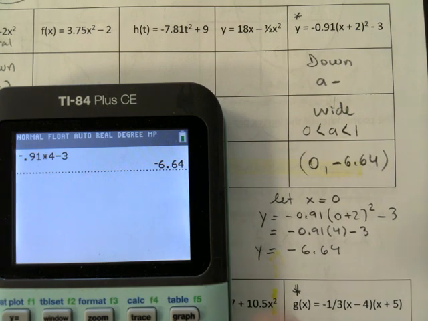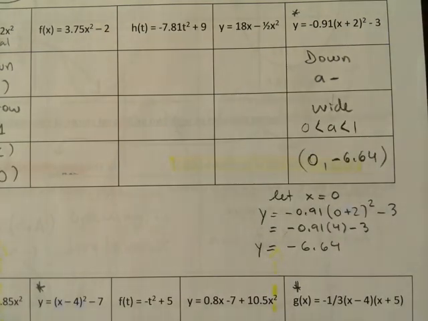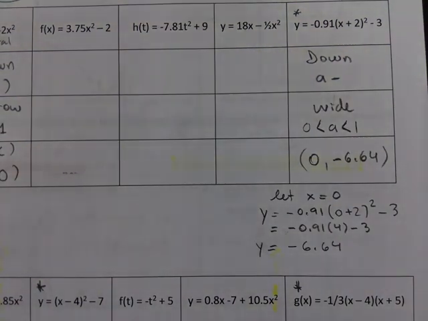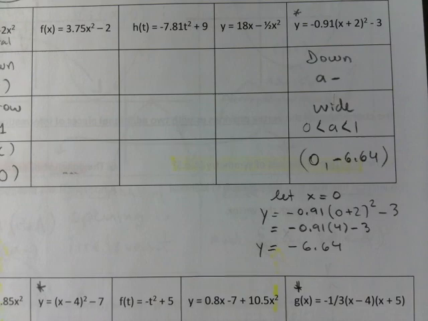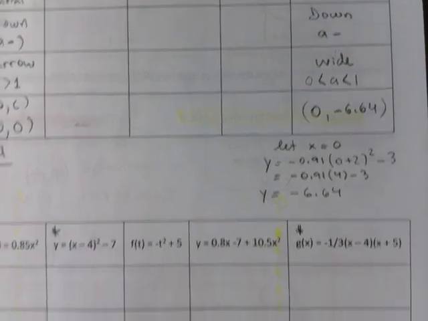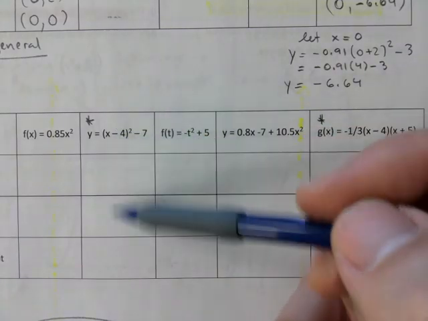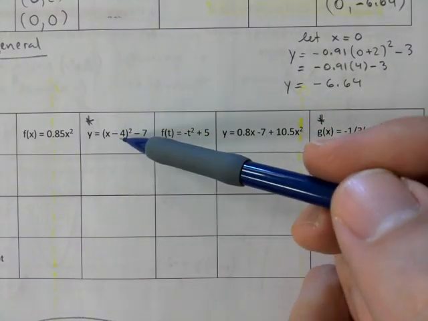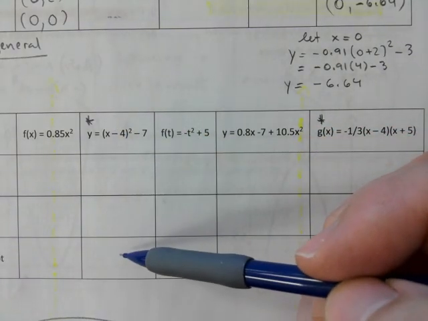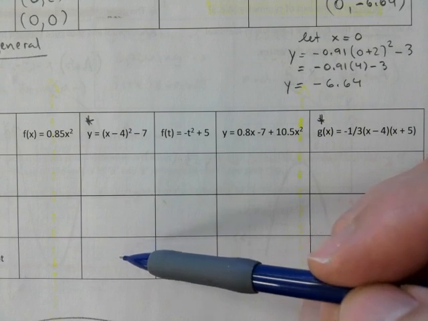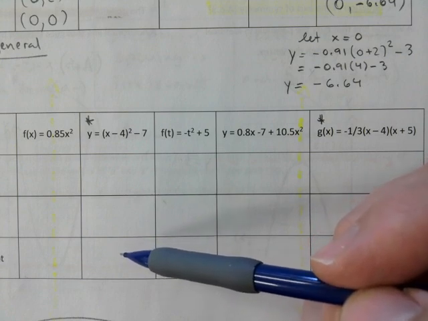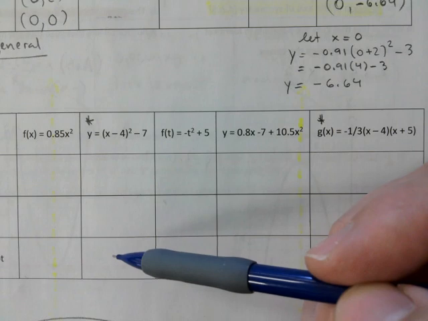So let's try that with one of the other ones. If you don't mind, just to warm up, I'm going to ask you to try this one right here. Try to find the y-intercept. If you can fit it into that box, some of you, it's quite impressive how small you can write things.